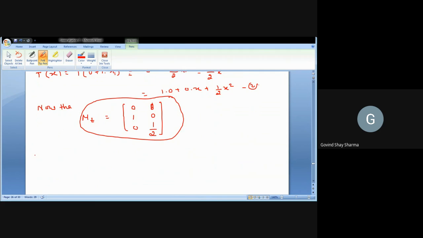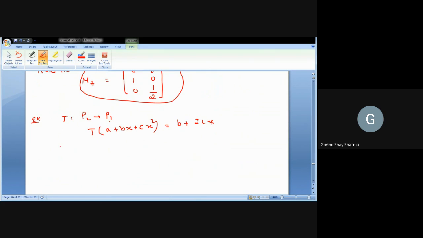Now the transformation from P2 to P1, a plus bx, goes to a plus bx plus 2cx. So find the matrix.